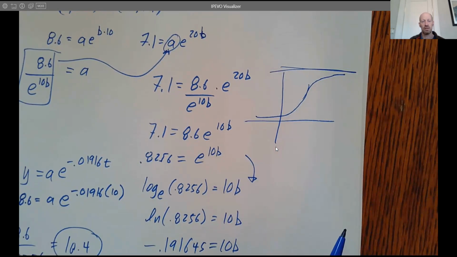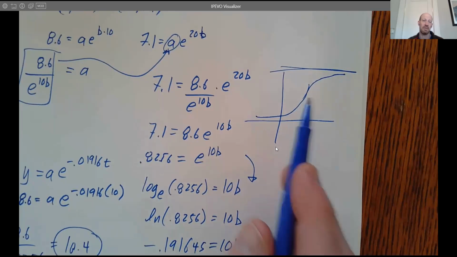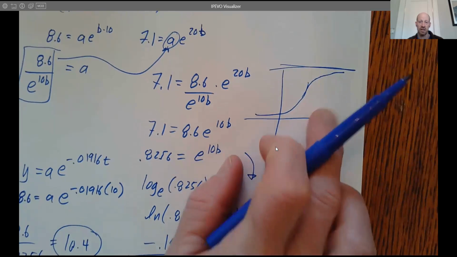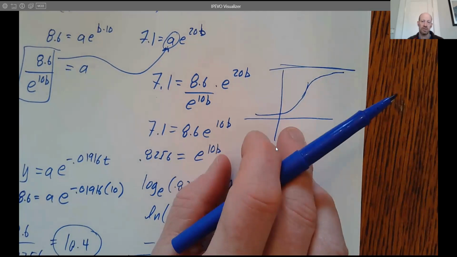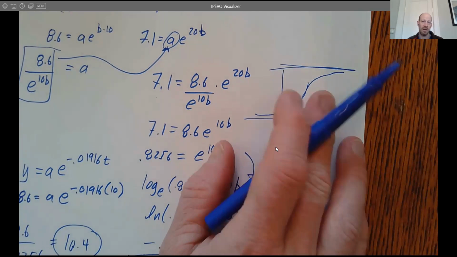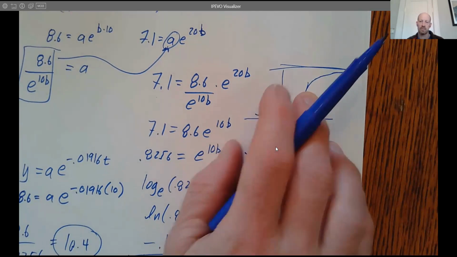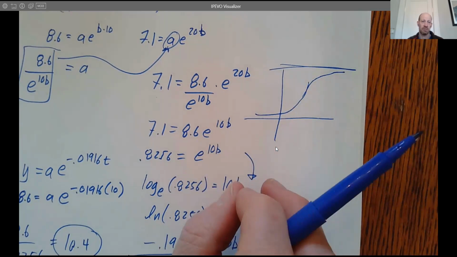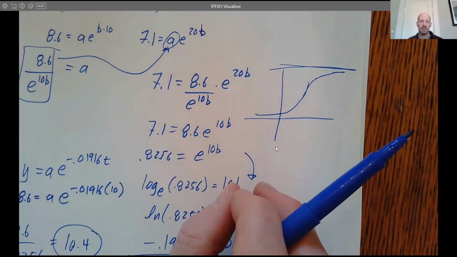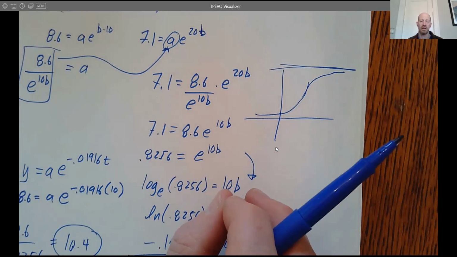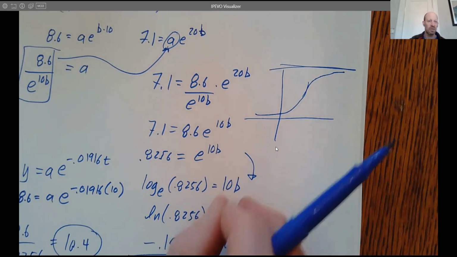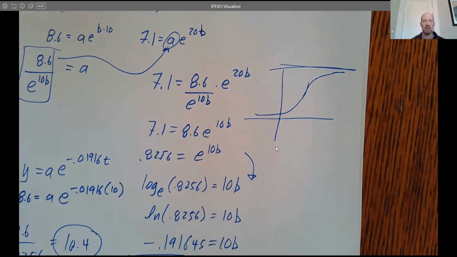But still, this would be a different kind of model. This is called logistic growth, which is related to exponential, but it's a little more realistic in most situations. Not many things grow purely exponentially. There are constraints on size and other carrying capacity kind of things.